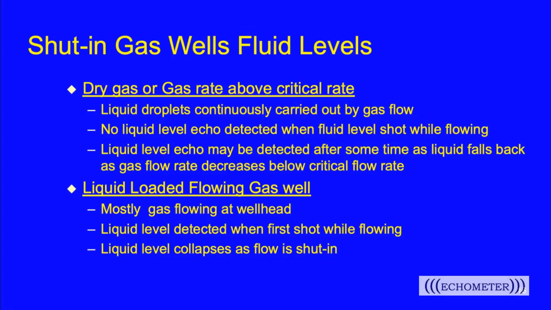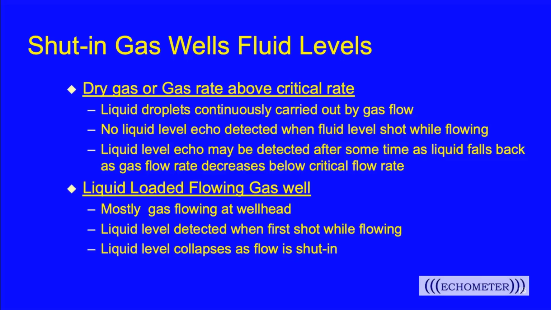But on a liquid loaded well where we're producing below the critical rate, we have gas flow at the wellhead, but it's not enough to carry that liquid out of the wellbore. So in this case, we have a liquid level that we can see, and we should be able to see it on our first well. We'll also see that collapse as we shut the well in.